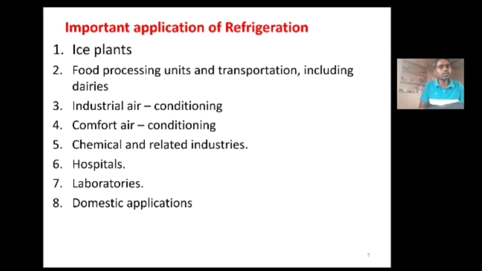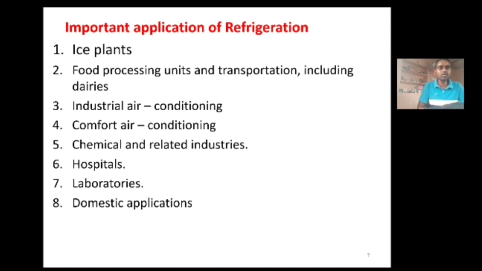Now coming to the applications of refrigeration, I have listed very few of them here. There are numerous applications. One is obviously ice plants, which you know. Then food processing units, a very huge part where refrigeration is very important. For interested people, I would refer to food process engineering, an NPTEL course given by IIT Kharagpur.